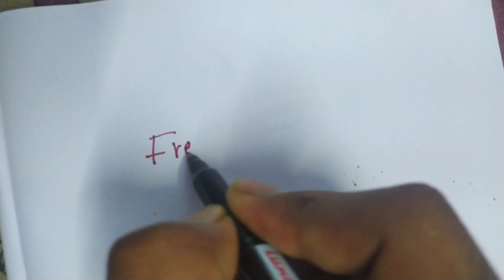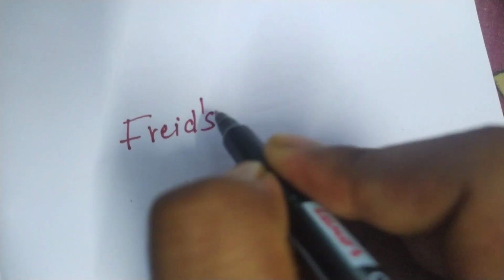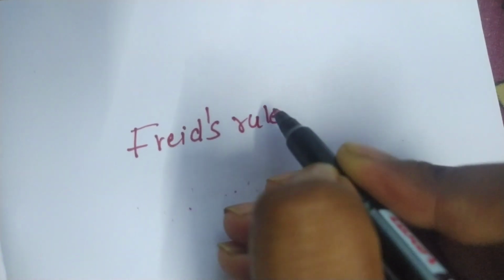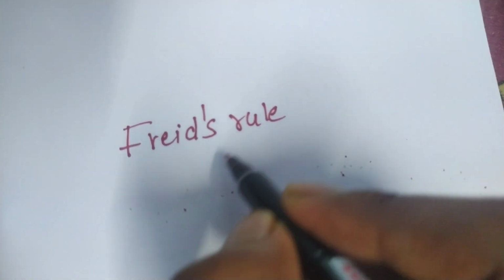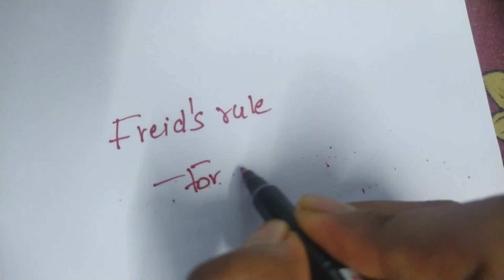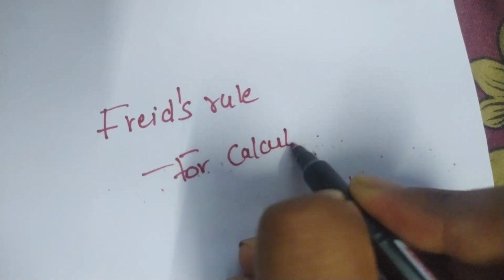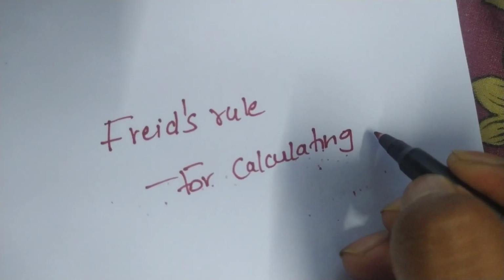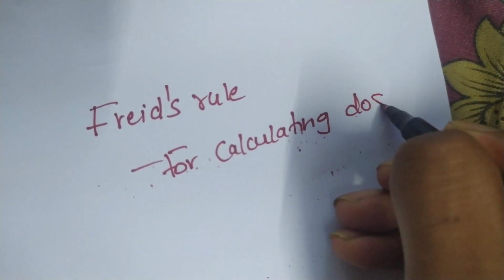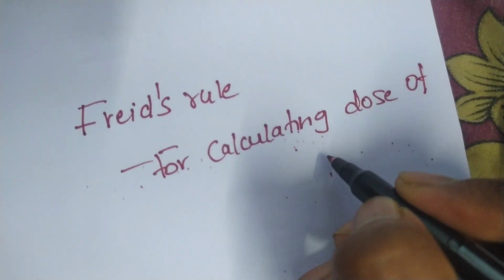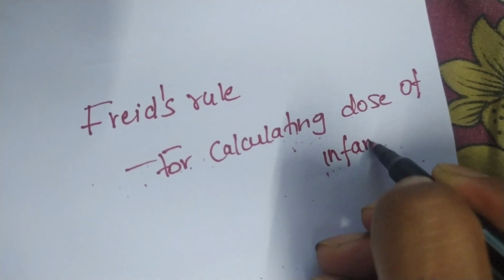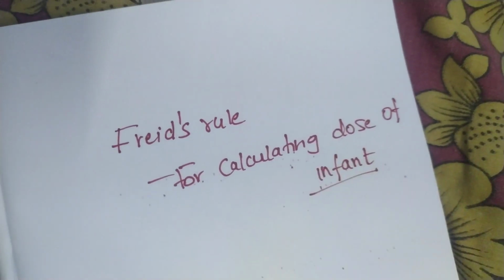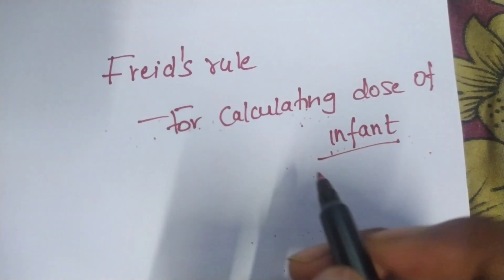The next formula is Freed's rule for calculating dose of an infant. That is, for calculating infant dose, Freed's rule is used.